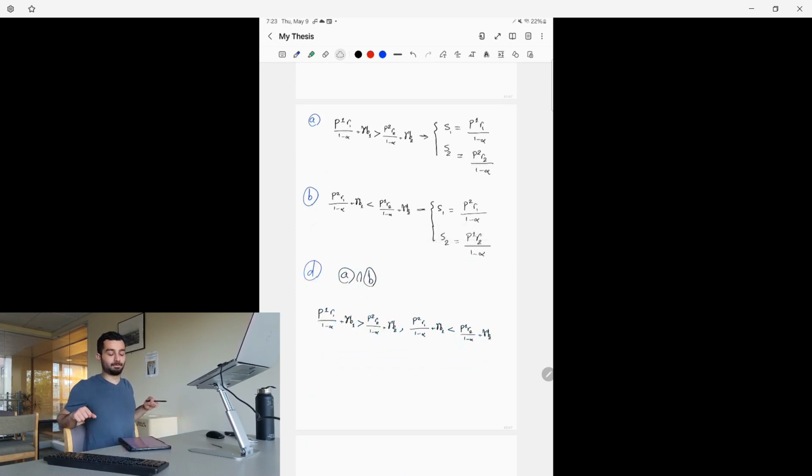P1 R1 (1 minus alpha) plus gamma B1, P2 R2 (1 minus alpha) plus gamma B2.